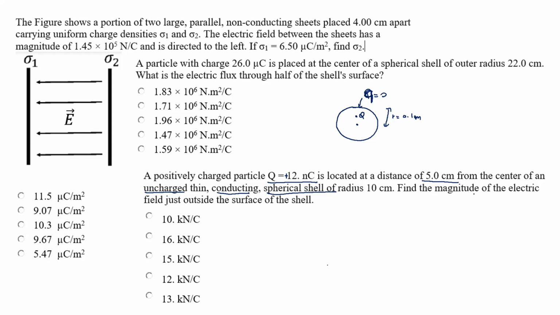Now the question is, find the magnitude of the electric field just outside the surface of the shell. Find the electric field just here, outside. So how can we solve this? We will use Gauss law.